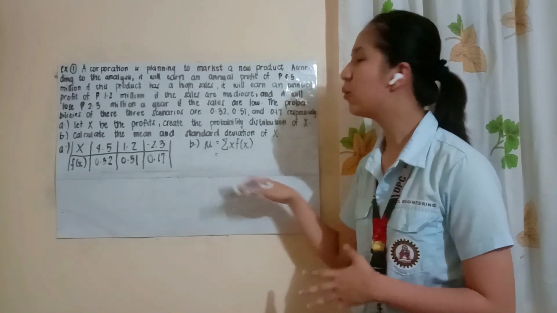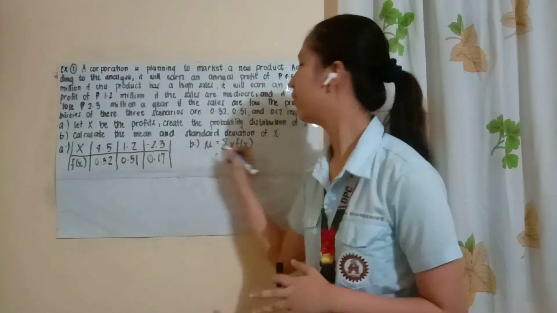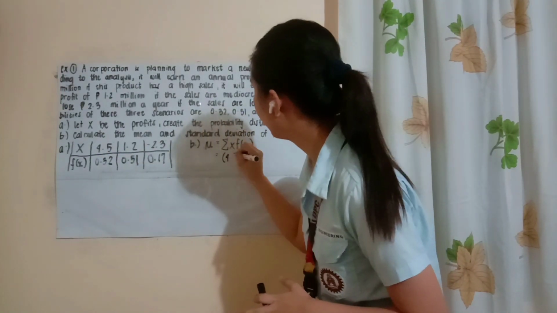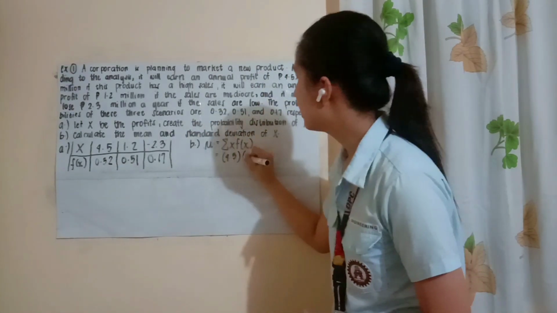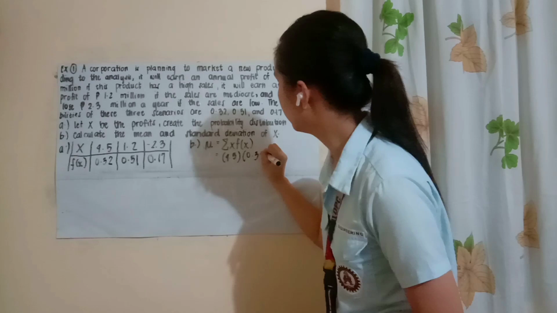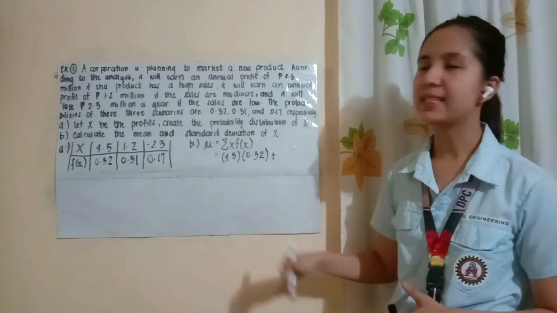We take the sum of them. For the first value of x, we have 4.5, and we multiply it by its corresponding probability, 0.32. Since it is a summation, we add them all.